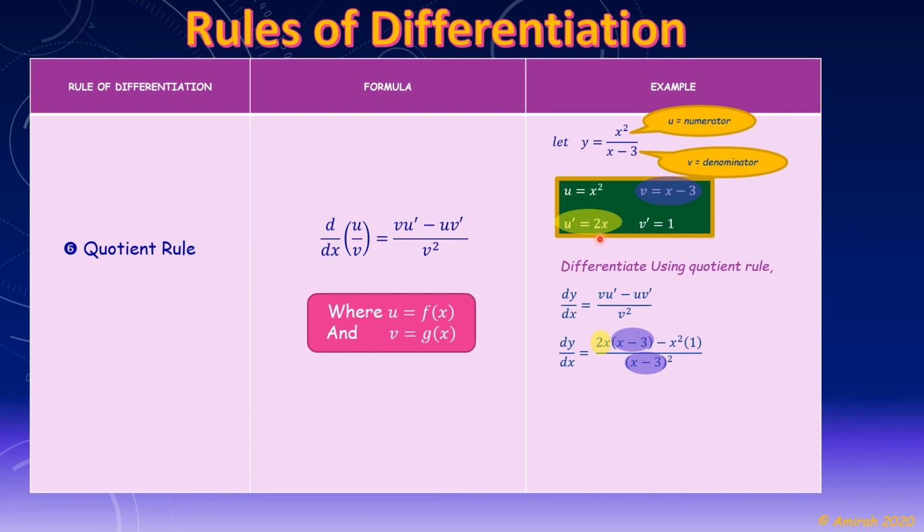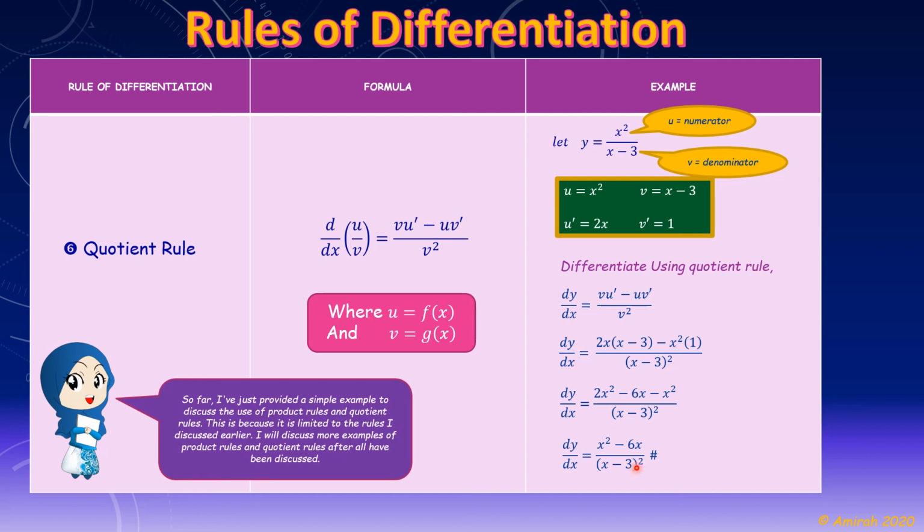And then we substitute u prime equals 2x here, and then we substitute u equals x squared here, and then we substitute v prime equals 1 here. And then we simplify. We just expand and simplify the numerator only. No need to expand the denominator. Okay? And after we simplify, the final answer is x squared minus 6x over (x minus 3) squared.